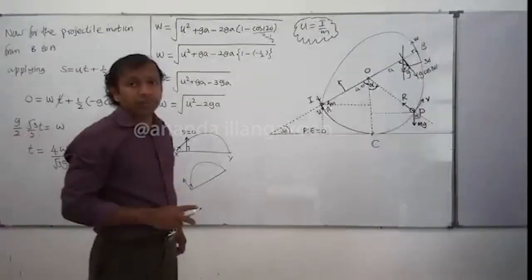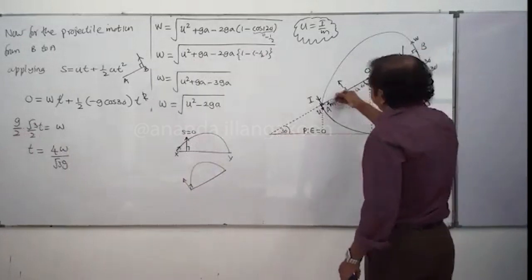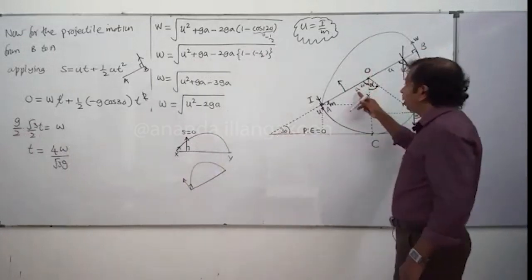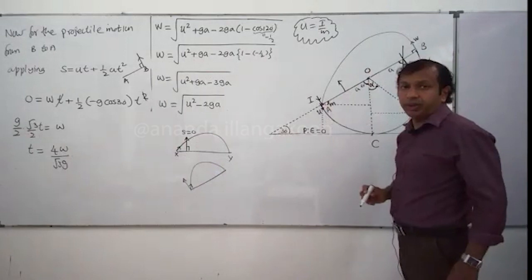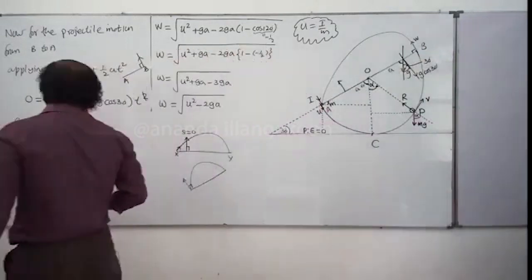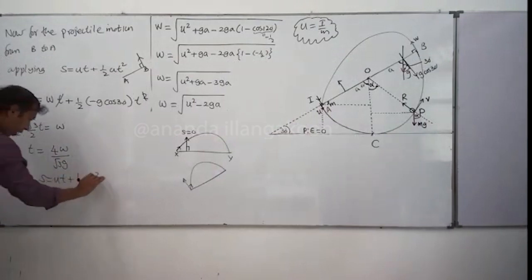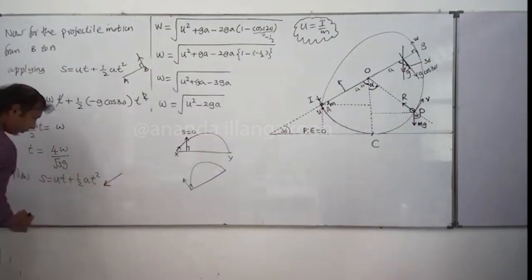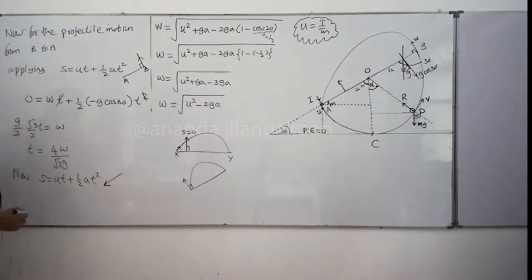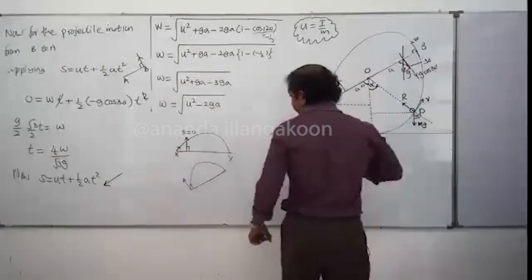During this time interval, the particle should move along BA a distance 2a in order to pass through the point A while moving as a projectile. Now we can apply s equals ut plus half at squared in this direction. Definitely, during this time interval, it should move this length 2a. This s is 2a.